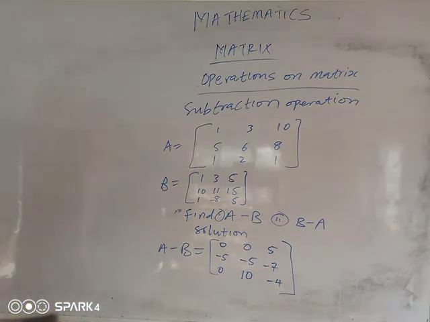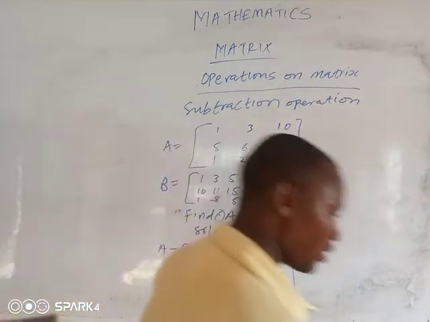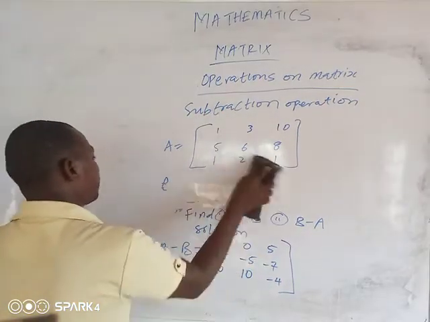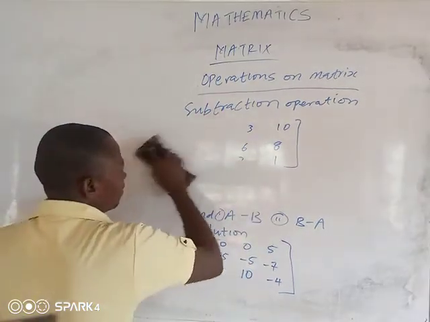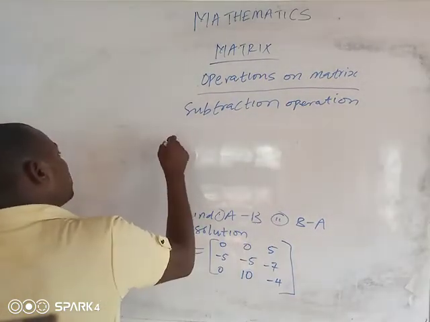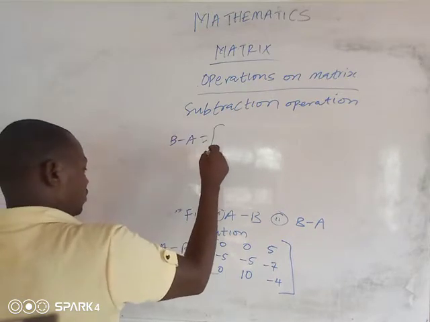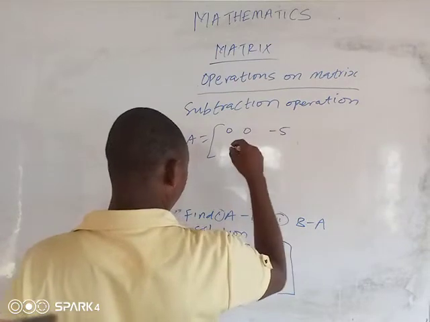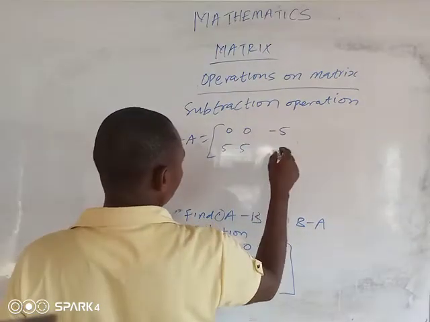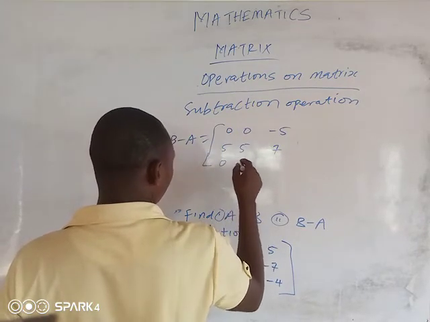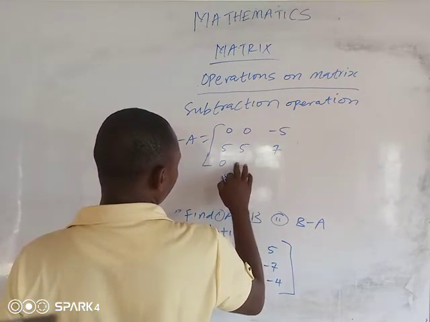We can also have B minus A. B minus A will be the opposite of this, so B minus A is going to be 0, 0, minus 5, 5, 5, 7, 0, minus 0, 10.